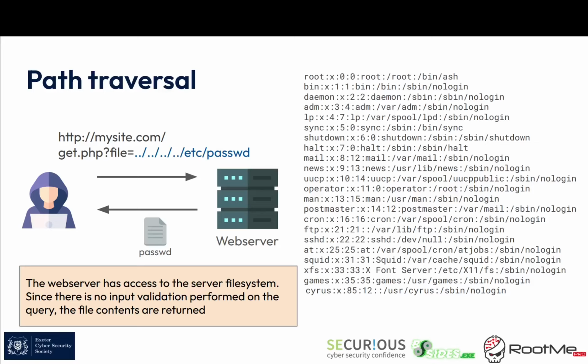So you will get this back in the website because it doesn't know how to distinguish a valid from an invalid file. Even though this file is far outside the scope of the initial web application folder, it's still a valid file in Linux, so it will display all of the contents, and the function won't return any errors.